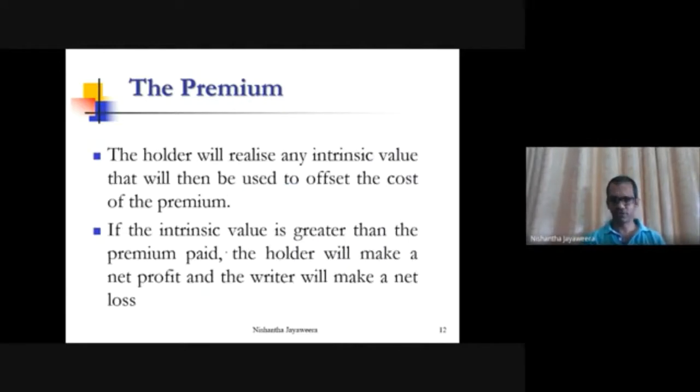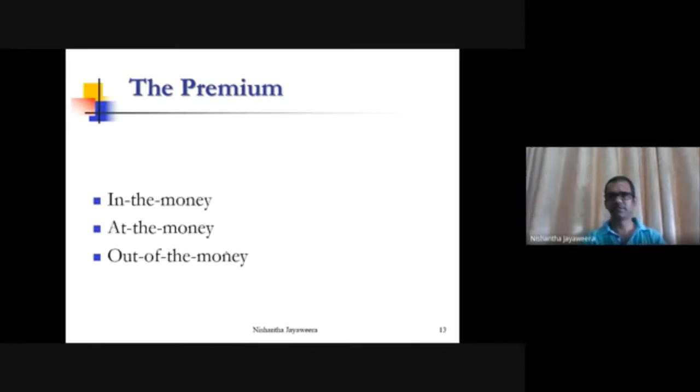Once you exercise your right, you will realize the intrinsic value. Then offset that intrinsic value against the cost, that is the premium, to calculate profit or loss, as we discussed in the previous one.